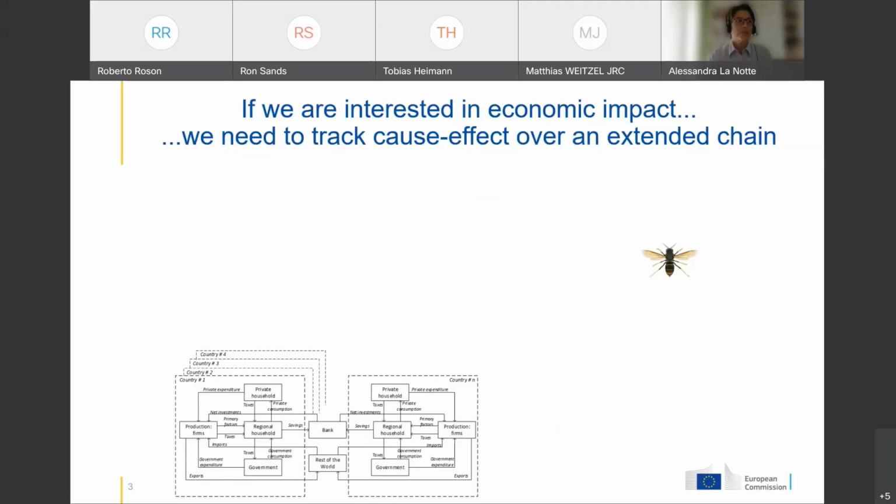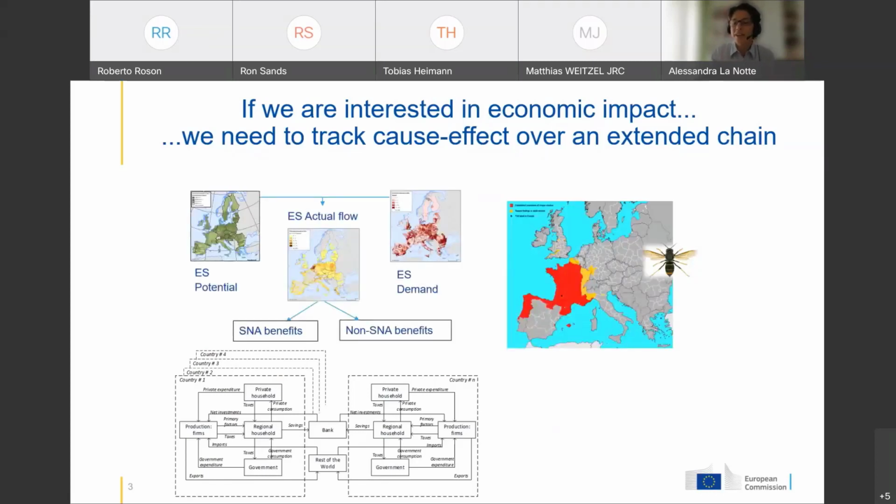Intuitively we can tell that yes, there might likely be some economic impacts, but what is needed to quantitatively assess this impact is this intermediate ring of the chain, which can help us to really assess what happens when, in this case, an exogenous element like an invasive alien species affects an ecosystem service and eventually the economic sectors that depend on these ecosystem services. So this is what we try to do.